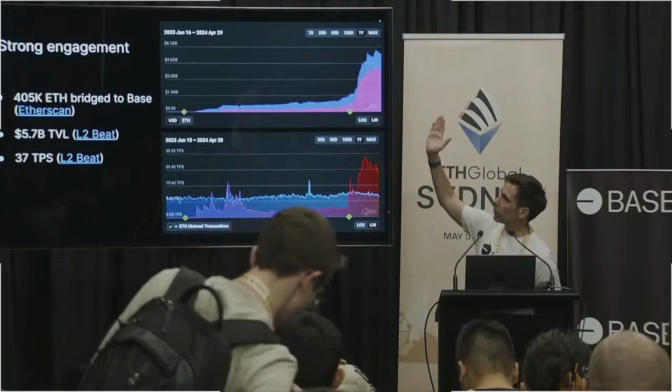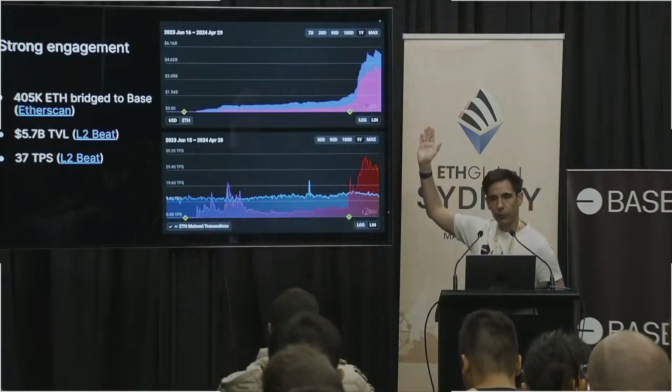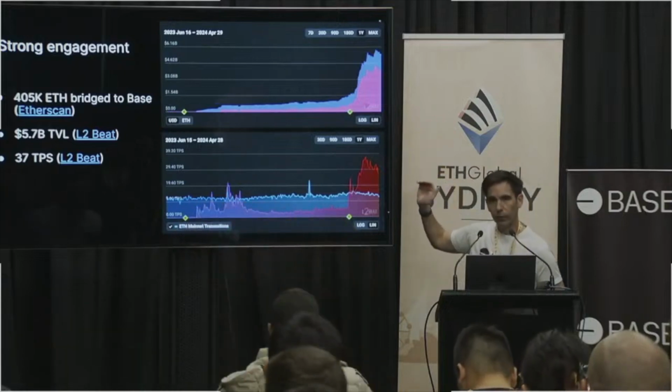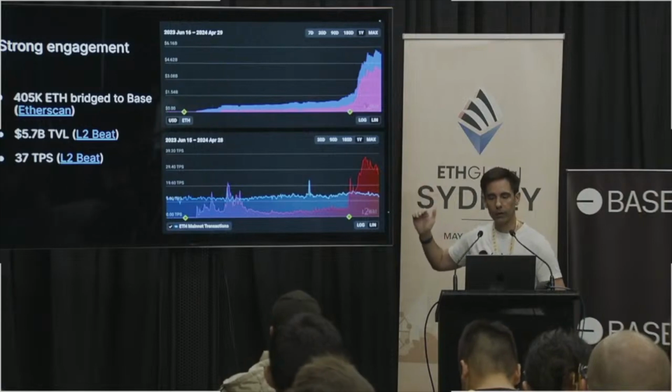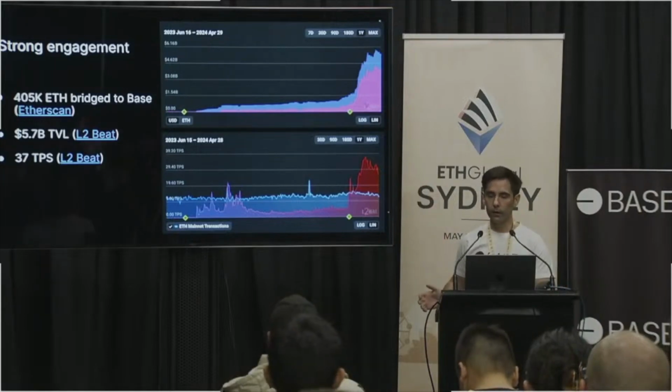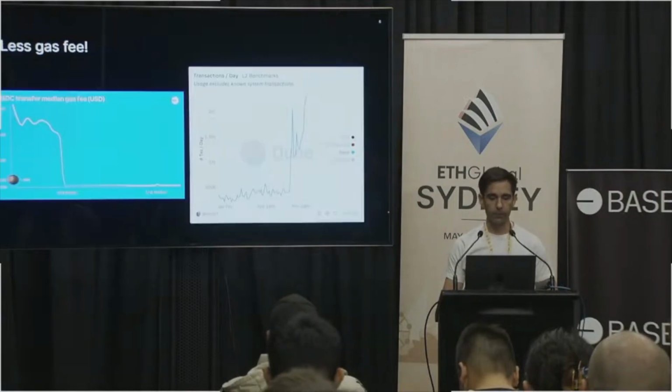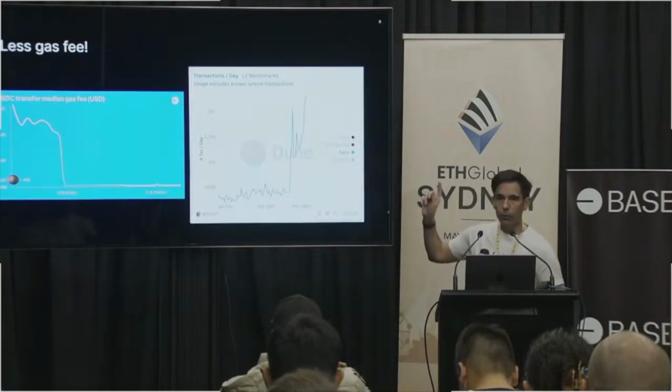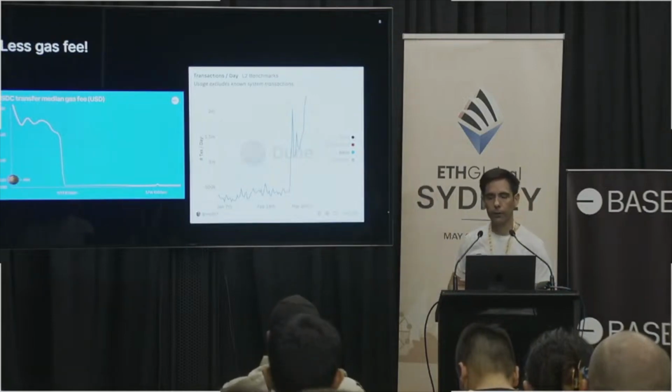The first graph on the top is the TVL we have right now, and below, what you are interested in as developers selecting a blockchain is the number of transactions per second the blockchain can handle. We went up to 37 TPS, and we can go even further in terms of scalability. As I mentioned, the gas fee has definitely dropped with the Dencun upgrade.